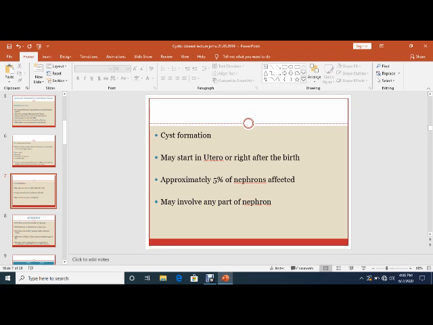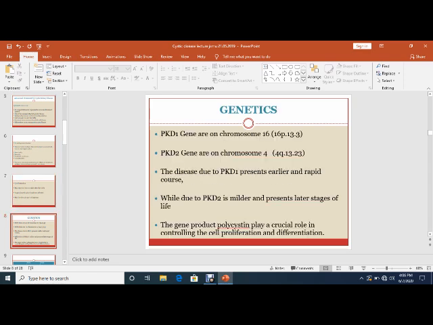This cyst formation may start in the intrauterine life or just after the birth. 5% of the nephron is affected, or it may involve any part of the nephron. Now coming to the genetics of this polycystic kidney disease, there are two types of gene, PKD1 and PKD2. PKD1 gene is on chromosome 16 and PKD2 gene is on chromosome 4.